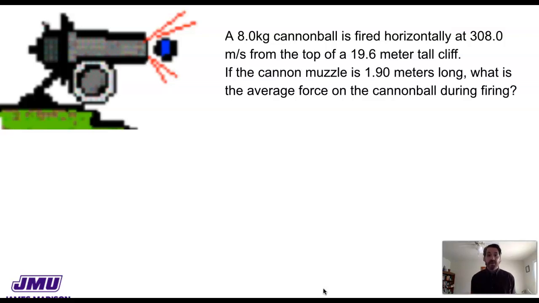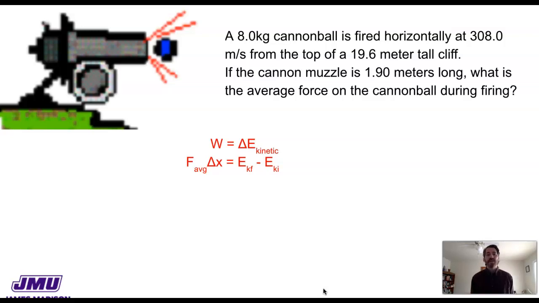I could find the average force using Newton's second law if I knew the acceleration, and I could find the acceleration using kinematics. But we want to emphasize again that we could also do this using the work energy theorem. So the work done is equal to the change in kinetic energy. The work done will be the average force dot the displacement delta x, and the kinetic energy change will be kinetic energy final minus kinetic energy initial.